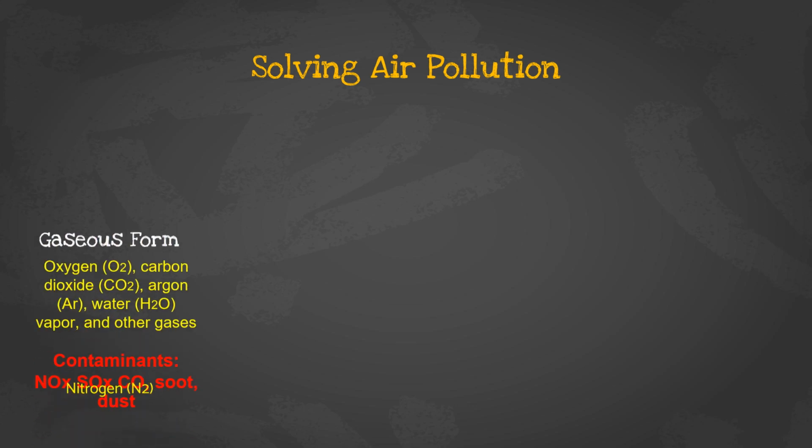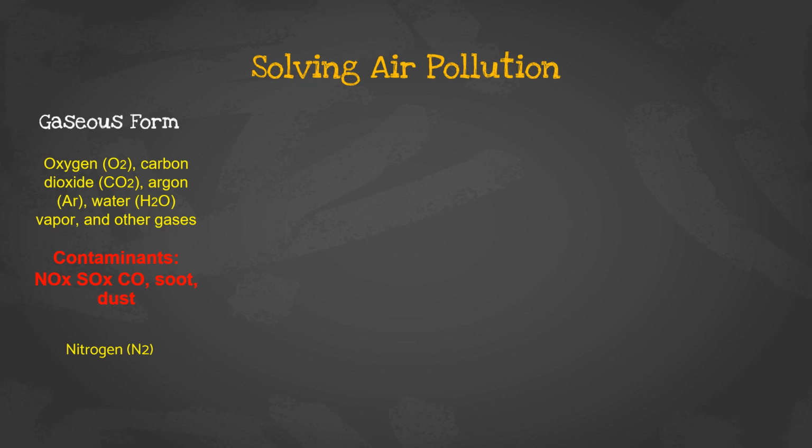Well, scientists and engineers have thought of ways to solve this air pollution problem by understanding the properties of the solution and its components as solute and solvent of a polluted air. We have learned that air is a solution in a gaseous form. What makes air polluted is the part of its solute, which are the contaminants.